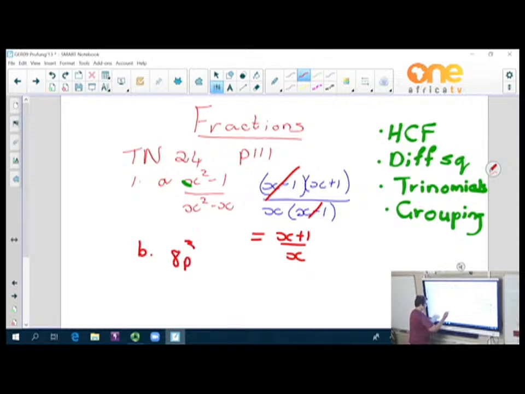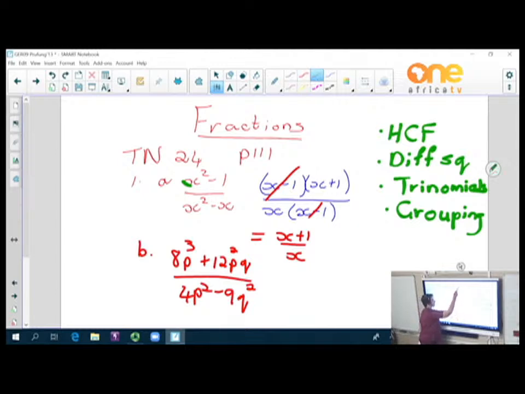8p to the power of 3 plus 12p squared q over 4p squared minus 9q squared. I must factorize. And the question is, what am I going to do here? So this one is the highest common factor, and what is common here is 4p squared. That is your highest common factor there.